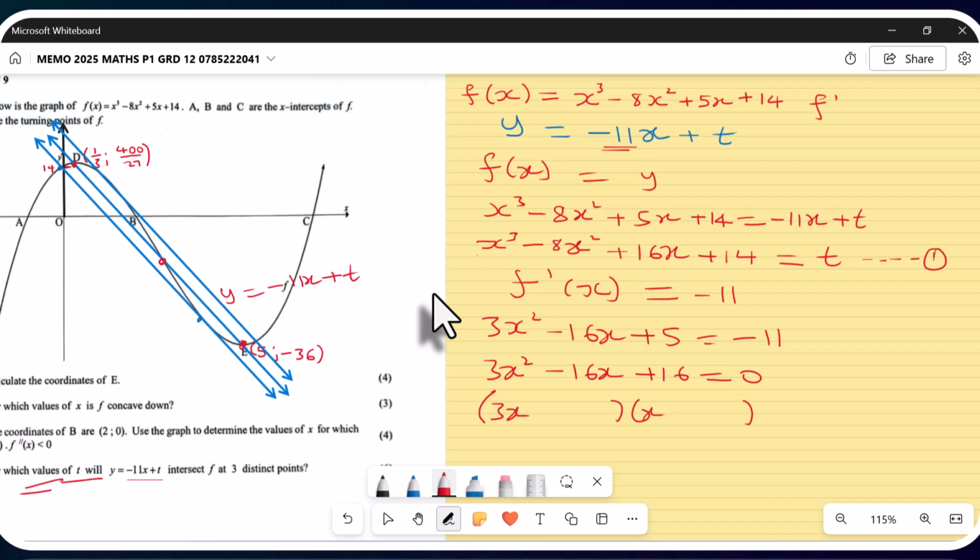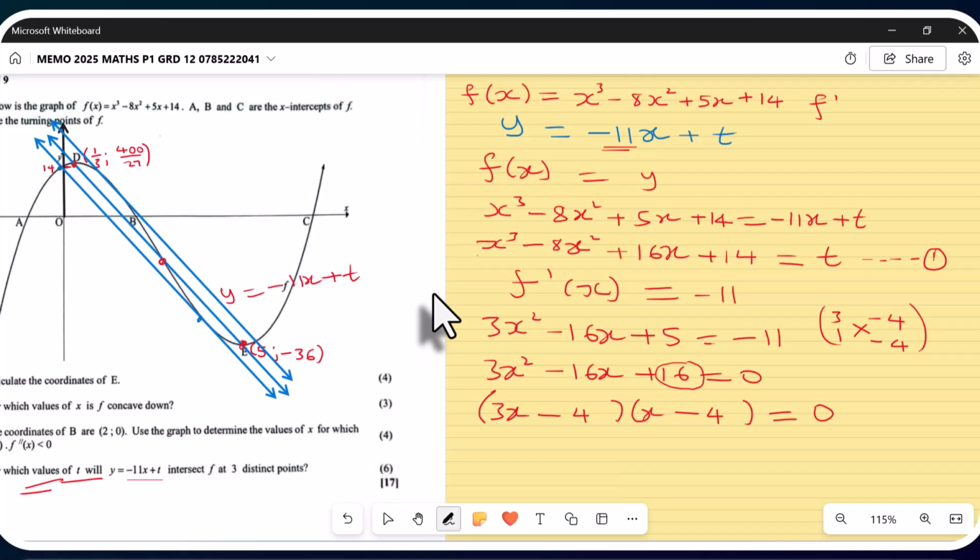Now we're looking for the t values. To get them, we substitute: we put this 4 into equation 1, and then put 4 over 3 as well. Starting with the 4, what do I get from equation 1?